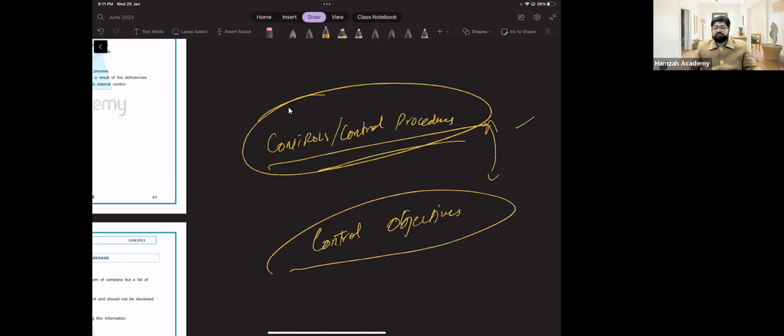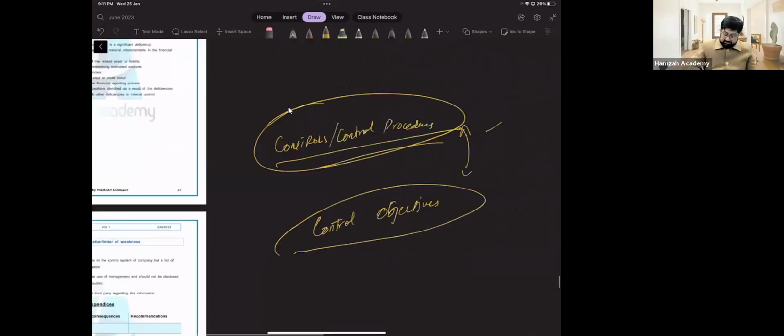So students, who established the control objectives of the company, of the financial statement? Who has to achieve these objectives? Management.